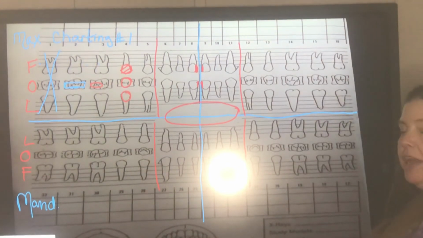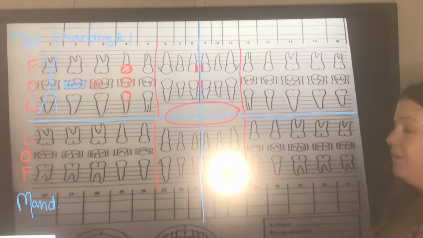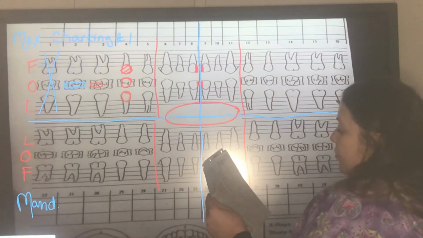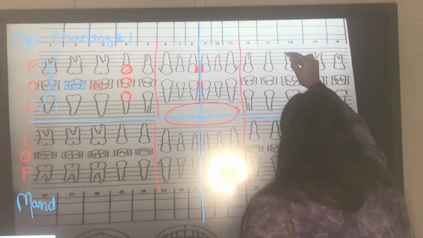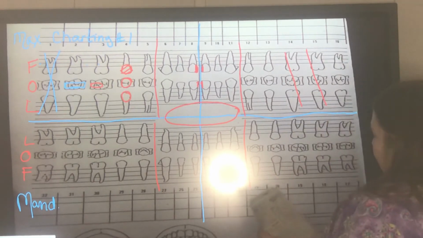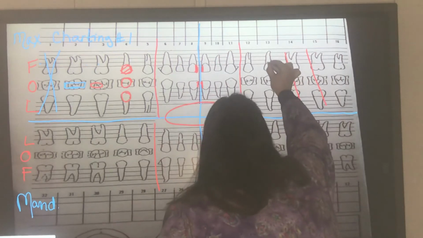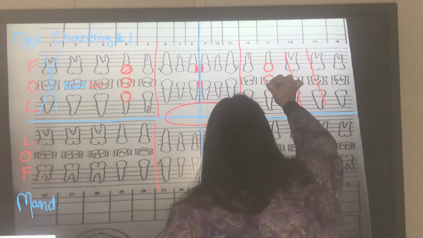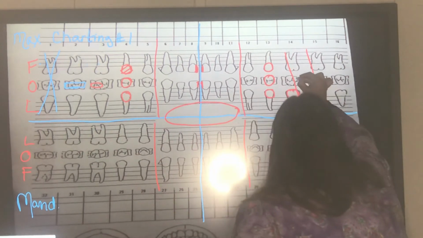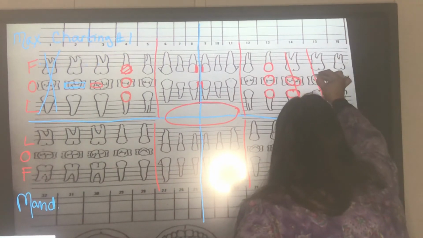And so you're not going to put any cross hatches on this, but the first thing you're going to do is make sure you're on red, and 14 and 15 need to be extracted. So just cross those out, and then you're going to do your bridge that needs to be done, so it's in red again, and just circle all the surfaces of the teeth.